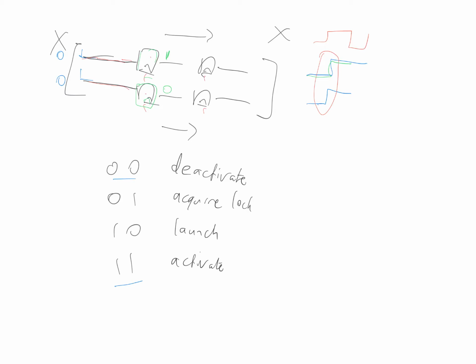Now at the next clock cycle, this 1 is going to be clocked through to the output, and this 0 is going to be clocked through to the output. And so at the missile site, it's going to have received the message 10. Now it's true that it only receives this message for one clock cycle. At the next clock cycle, it will receive the correct message 11, because at the next clock cycle, this 1 will still be here.